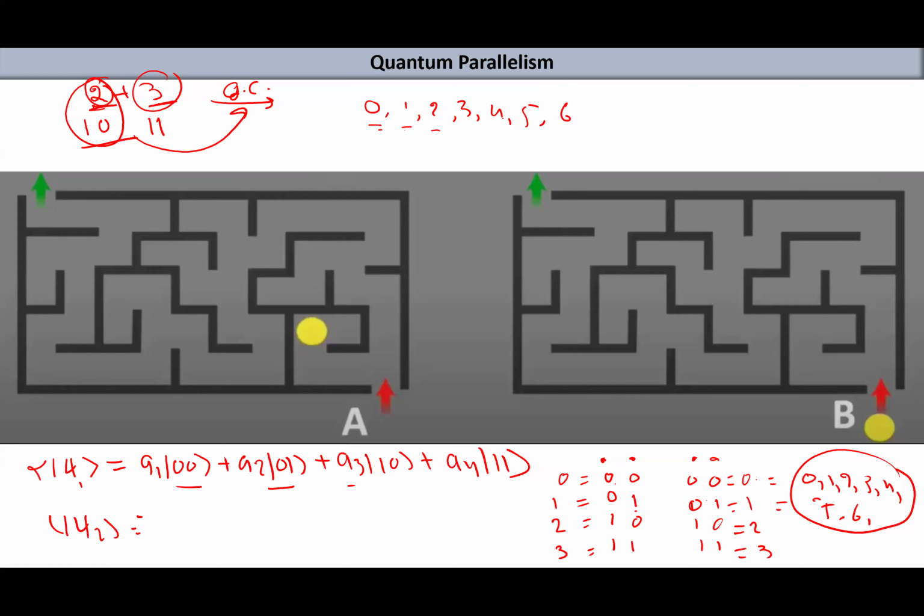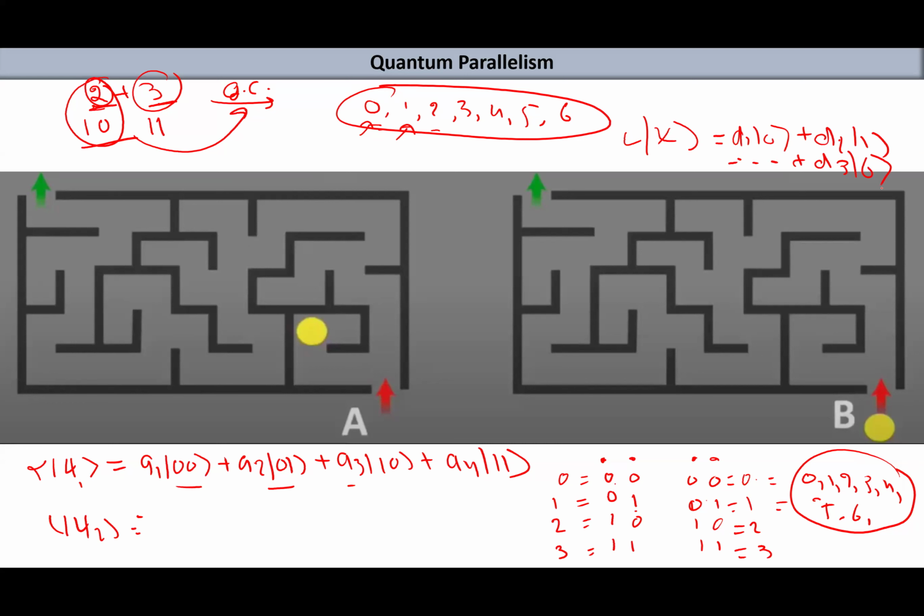In the calculation, it will have answer 0 also, answer 1 also, answer 2 also, 3 to 6 also. So it will have all possible answers, but it will be in the superposition. So I can say here the net result psi will be, let us say, D1 |0> and D2 |1> and so on, D3, up till |6>.